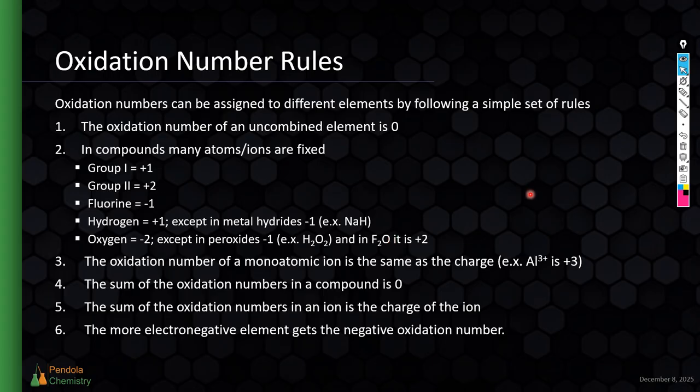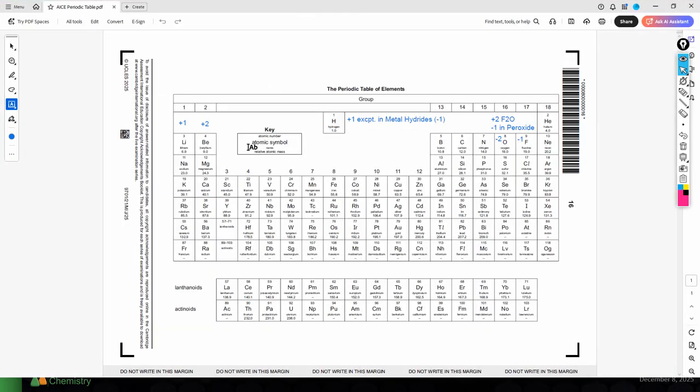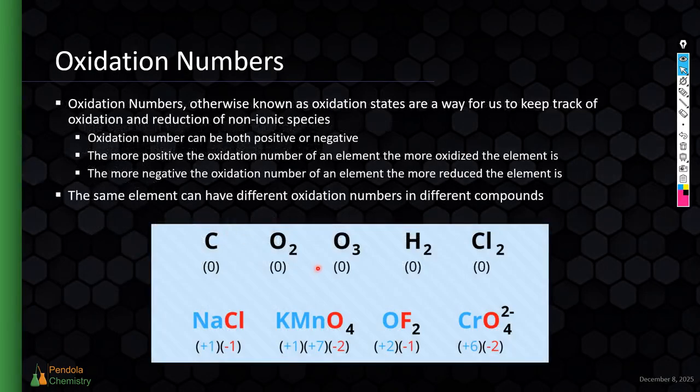All right. So those are the oxidation number rules. So the ones that we know for sure, remember, are that anything by itself is going to have an oxidation number of 0, and that's always going to be the main case. So anything like O2, O3, C, H2, they're always going to be 0 oxidation numbers because they're elements by themselves.